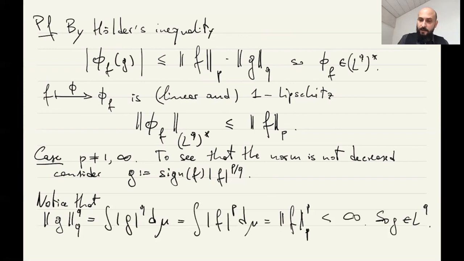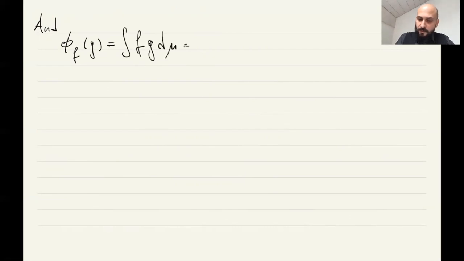Now let's see how the evaluation of the map phi behaves on g. What we have is that phi f of g, by definition, is the integral of fg. Now let's put the definition of g, so it's the integral of sine of f times |f|^{p/q} times f dμ.